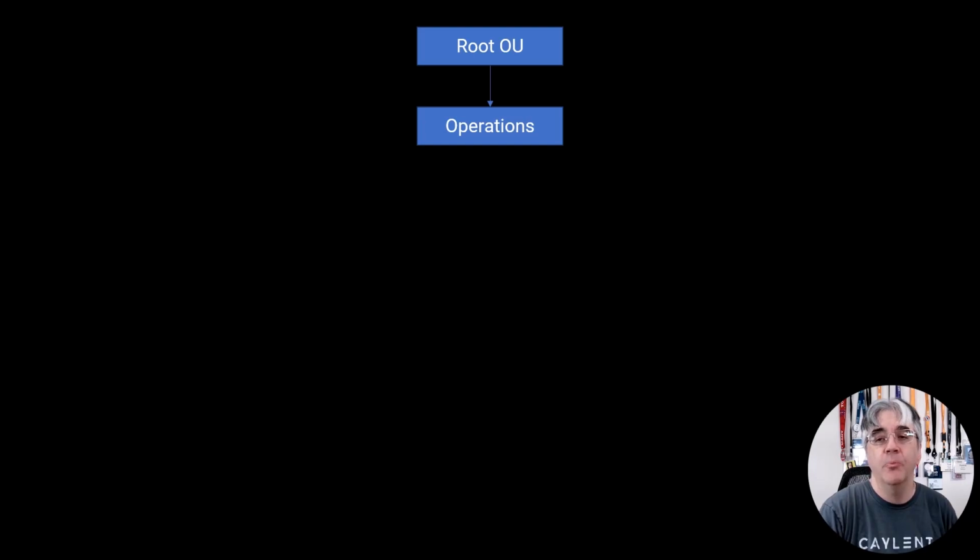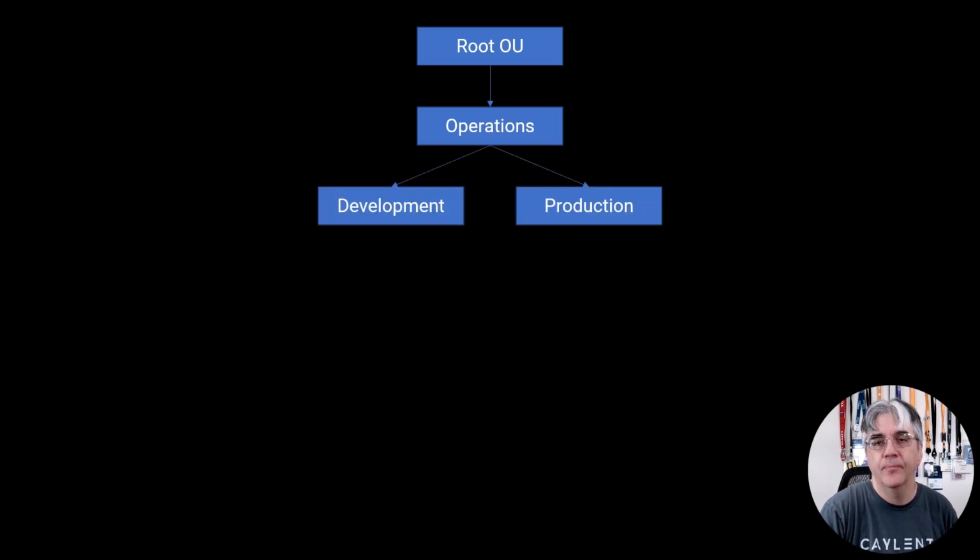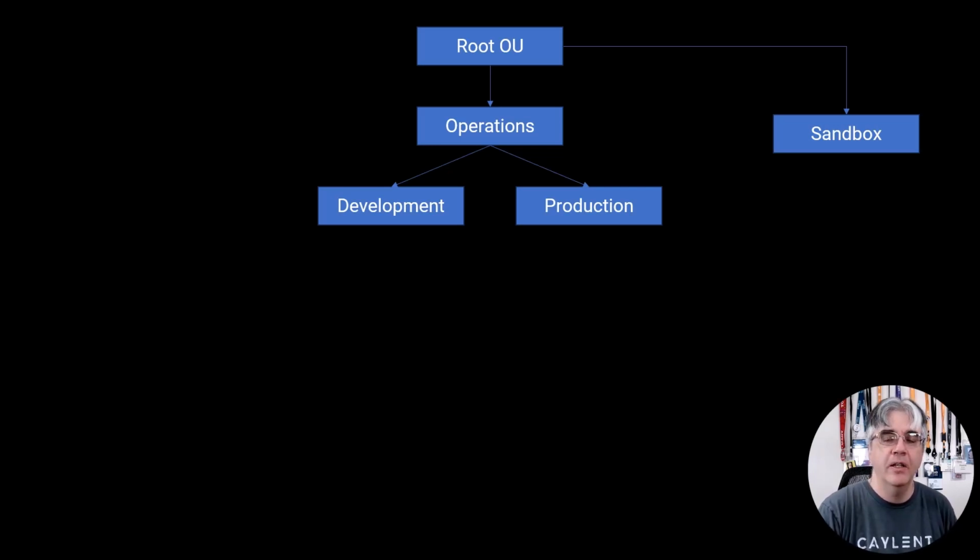For example, you may have an OU directly under the root that represents your operational capabilities. Now, this OU could be further divided up into OUs which represent things like development and production. You might have a sandbox OU, and this might be where individuals have their own accounts to test out new services and experiment.